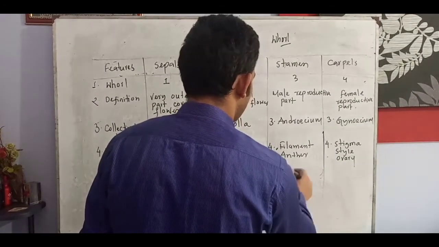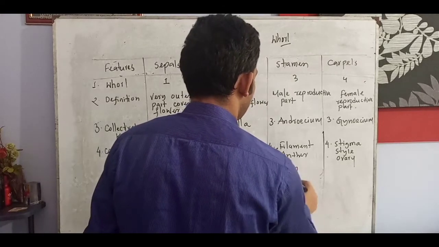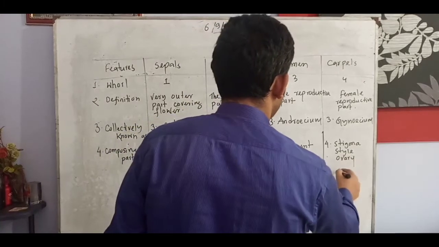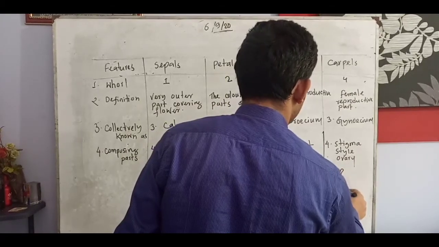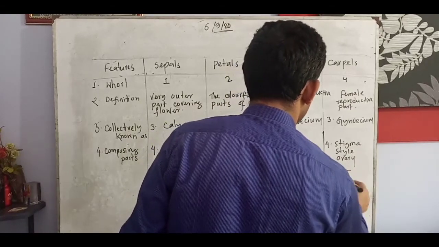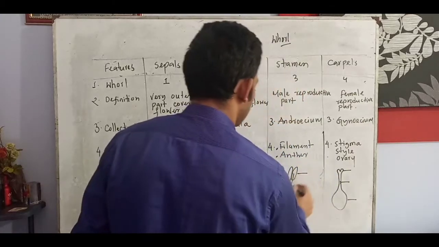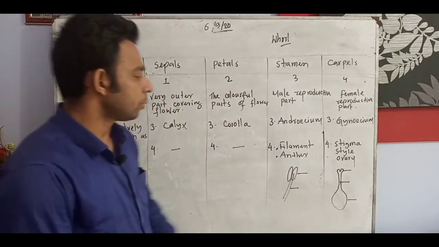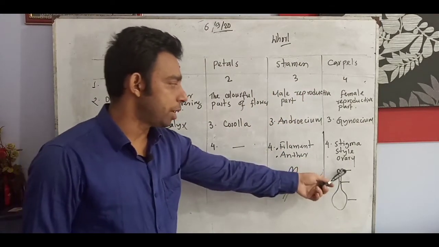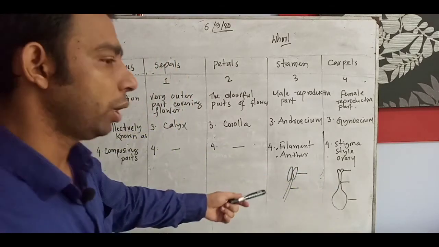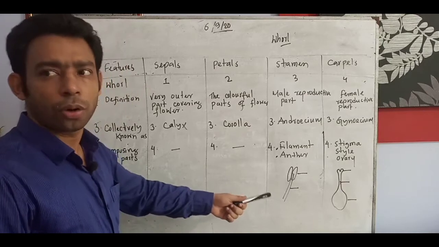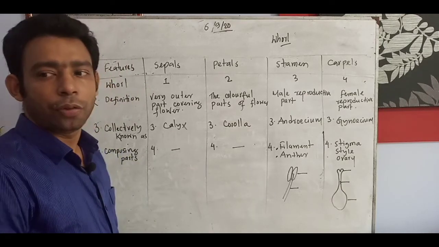Suppose this one, and we can see this one: anther, filament, stigma, style and ovary. So this is important for finding the different parts.